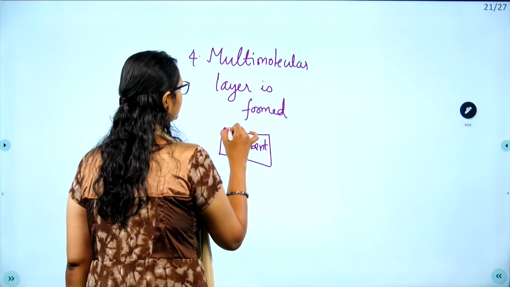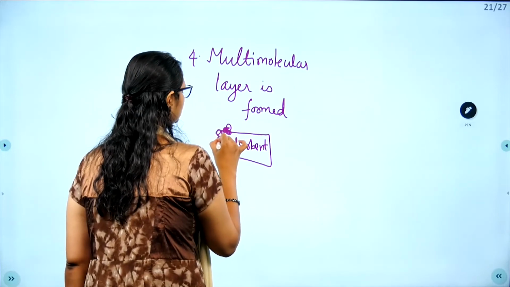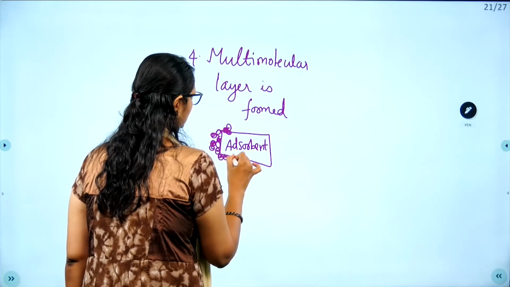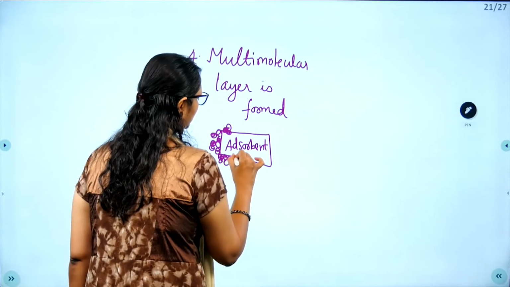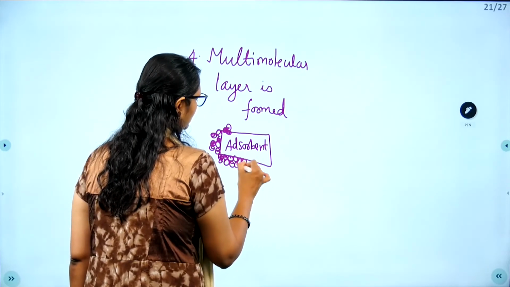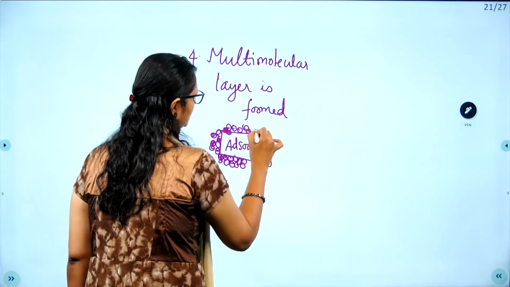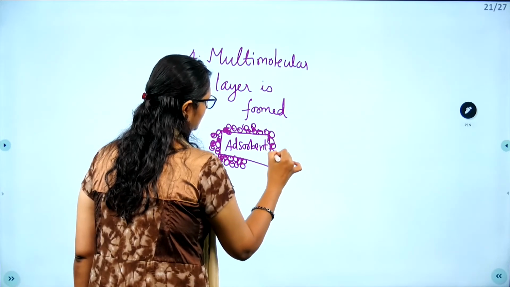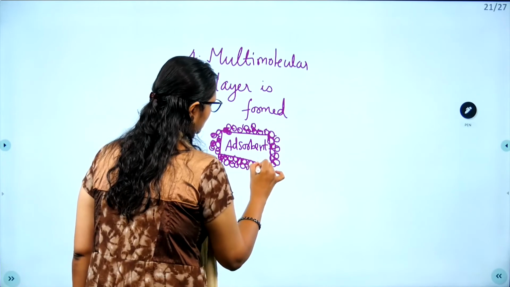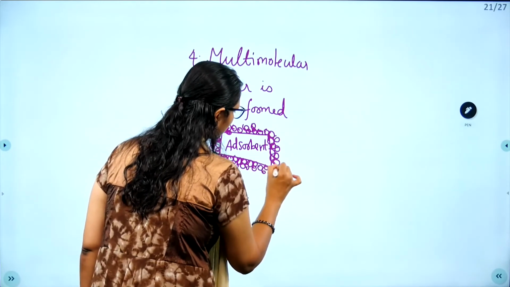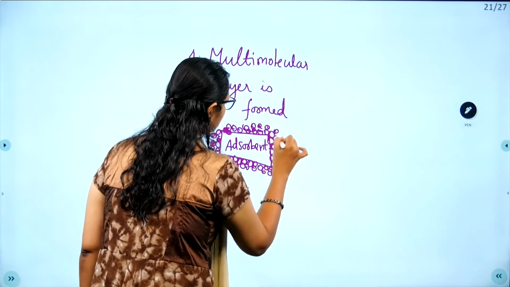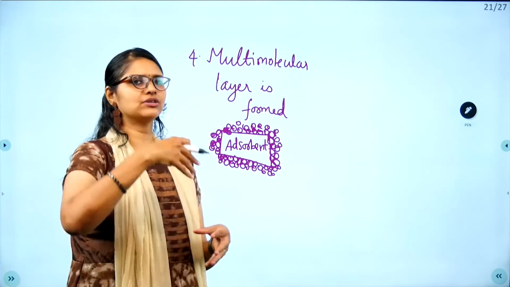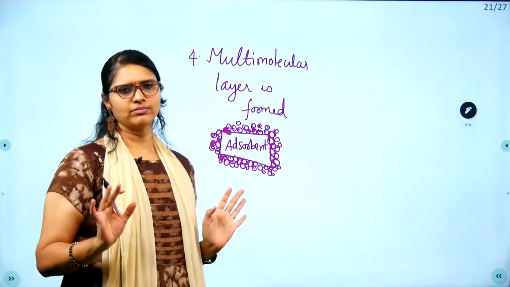So randomly multi-adsorption takes place like this. Only weak van der Waals force is involved, right? So what happens is it randomly gets adsorbed. There is no uniform adsorption taking place, it is getting adsorbed randomly. So we can say that a multi-molecular layer is formed.